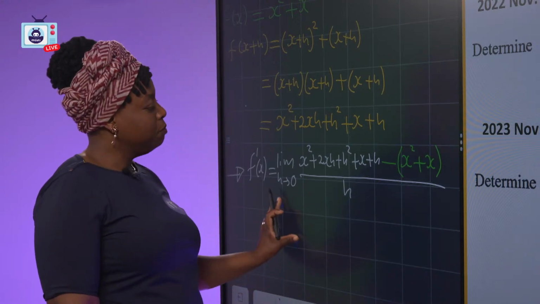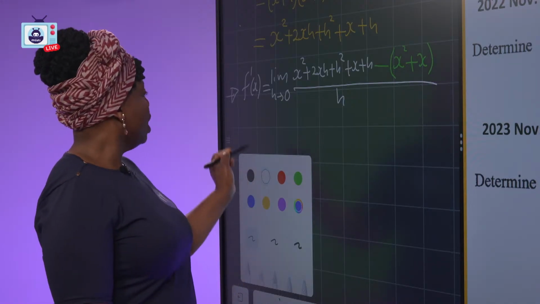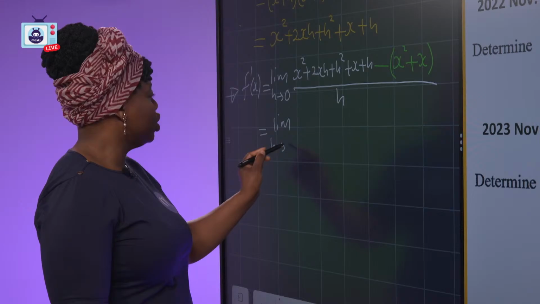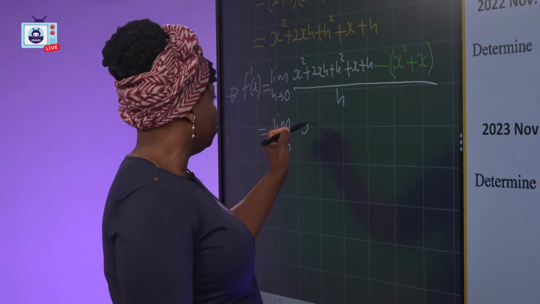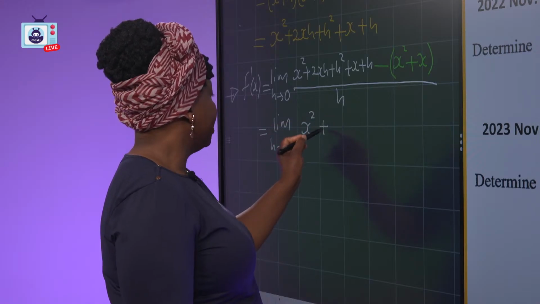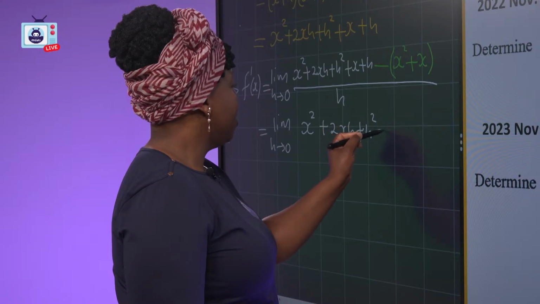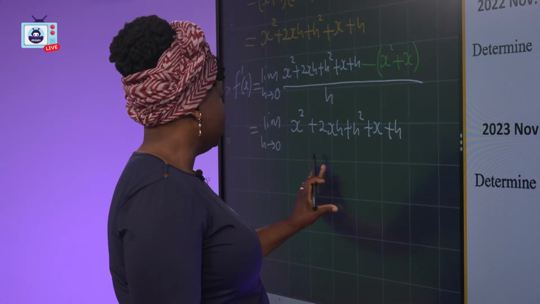All right. Okay, let's move on. Then we're going to have the limit as h approaches 0. Then we start removing all the brackets. So let's do that. We have x squared plus 2xh plus h squared plus x plus h. Now we can deal with the minus.